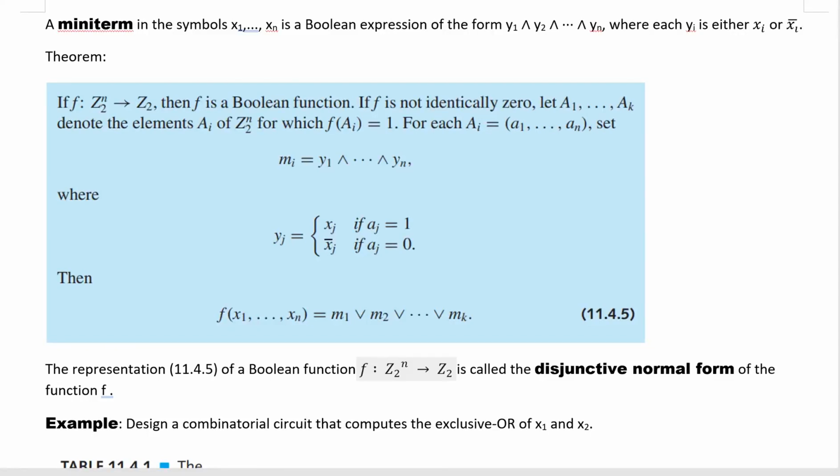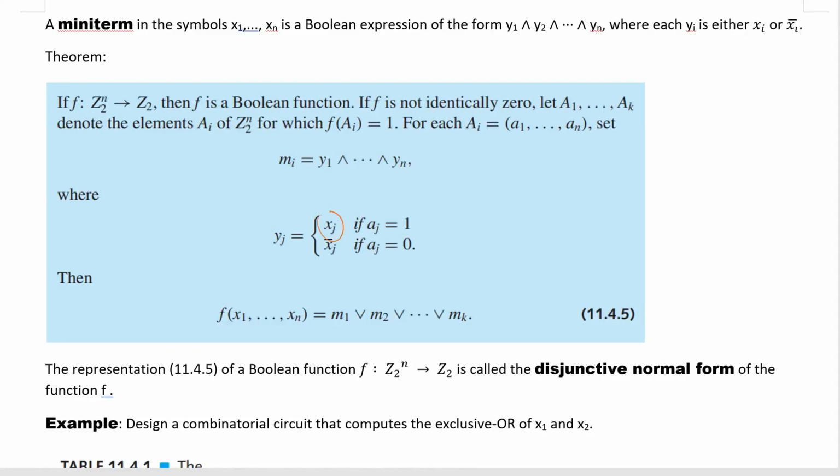For example, ai could be a1, ..., an, each of which is either 0 or 1. And then mi is y1 and ... and yn.